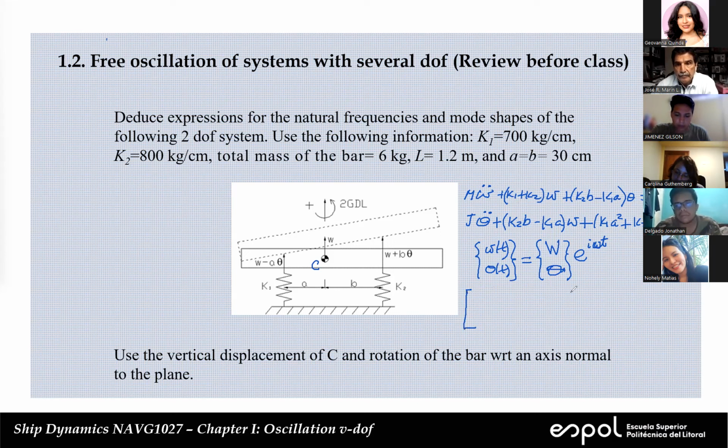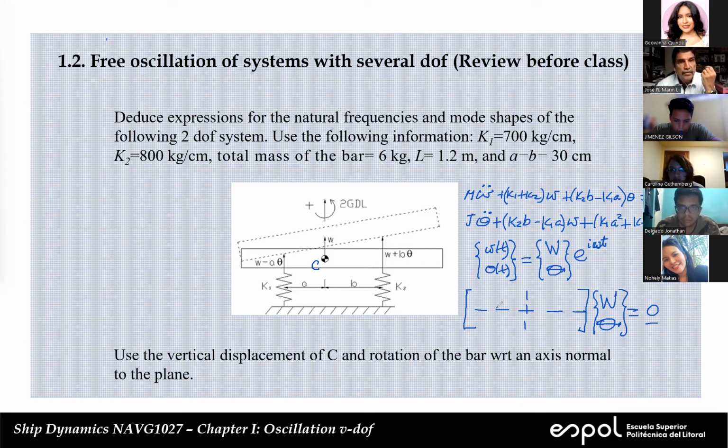Everybody replace into here and give me these 4 values of the dynamic matrix. Everybody. I want this, and that. 4 values for the dynamic matrix as a function of omega.